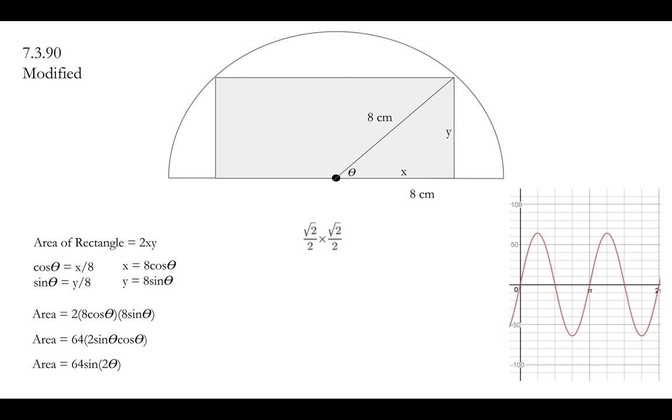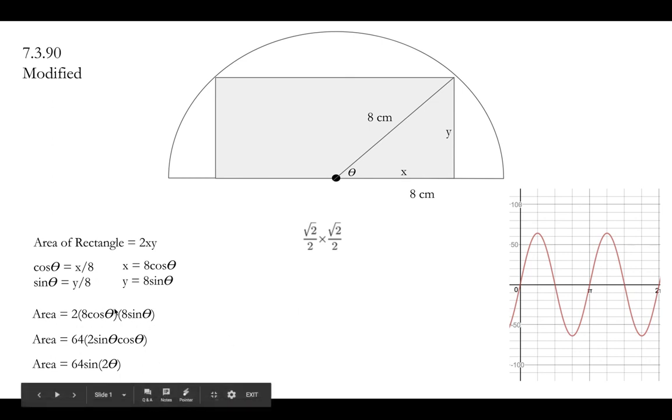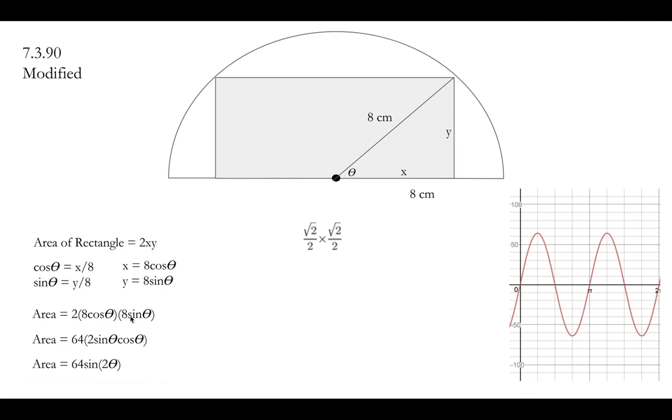So that's our x, y value. If we go back to this equation, we really just found cosine theta and sine theta, so we multiply both of those by 8, and we get 4 root 2 by 4 root 2.